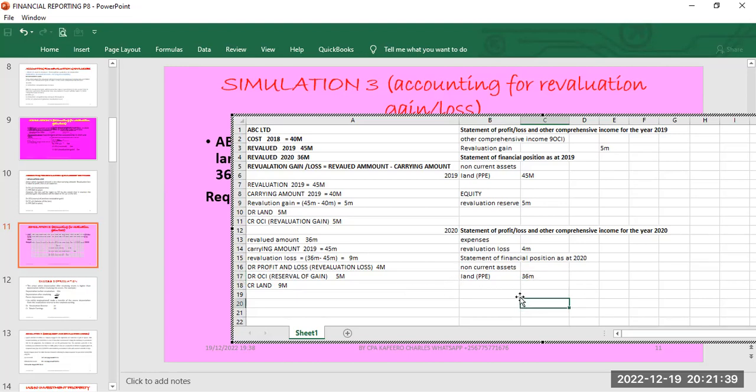And we are not going to be having any revaluation surplus because we never had a gain at the end of the year.